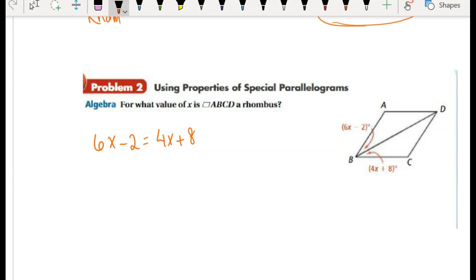Go ahead and pause and finish working, and then you can resume and see if we got the same thing. So now we're going to subtract 4x from both sides. So now I have 2x. And I'm going to add 2.